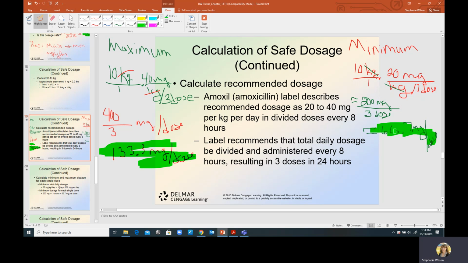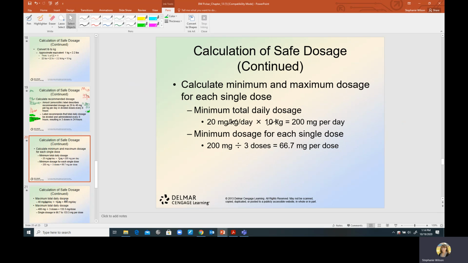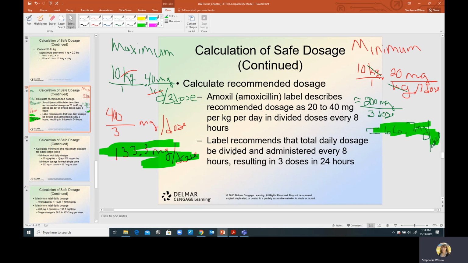So we need to go back to the order, and we need to see if it's safe. The doctor ordered 200 milligrams by mouth every 8 hours, so in a setting of 3. So what did we figure out? We figured out that the maximum amount for this patient to take to be safe is 133.3 per dose.